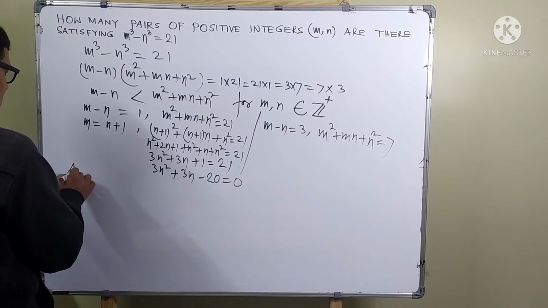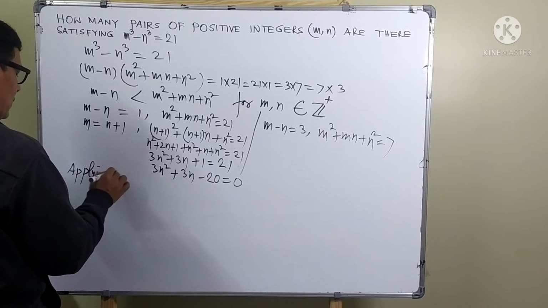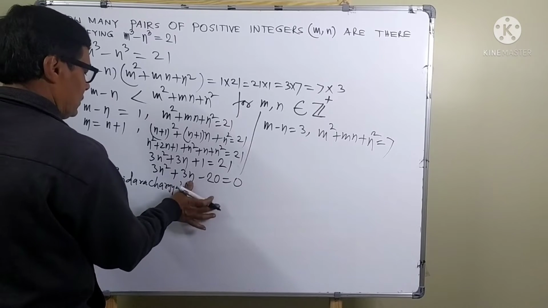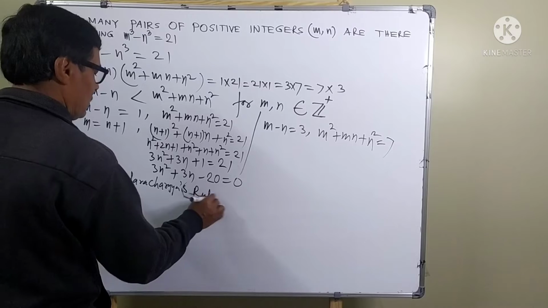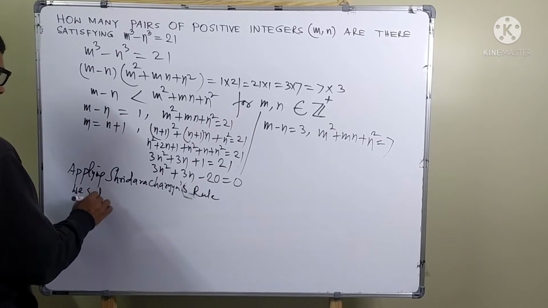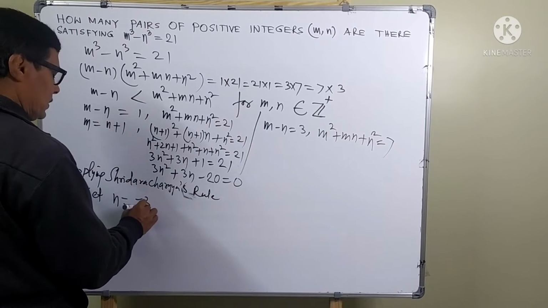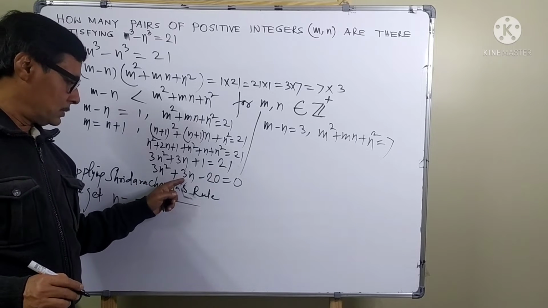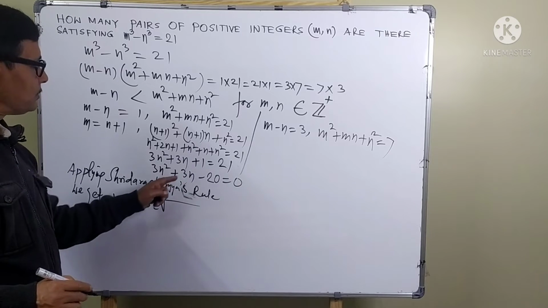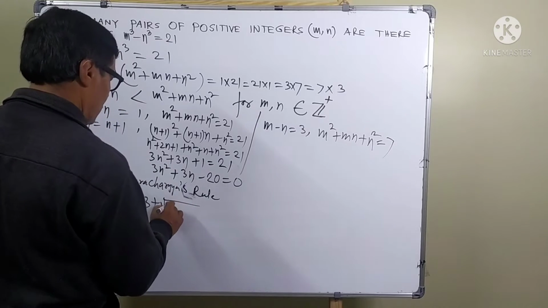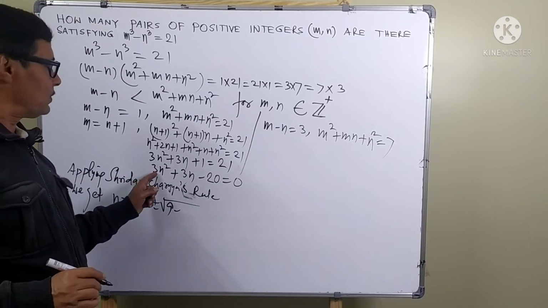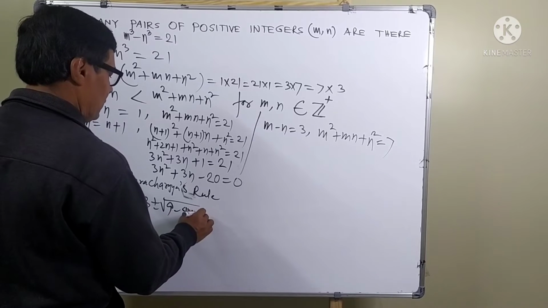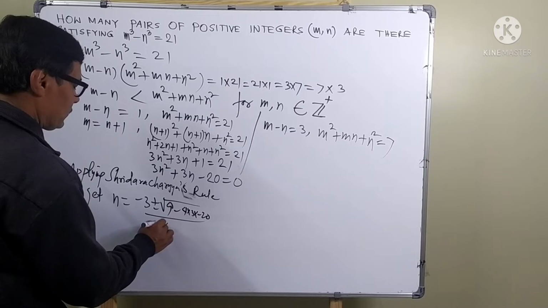So, applying Sridharacharya's rule, we get n is equal to minus b plus minus root over b square minus 4ac, over 2a. Here b is 3, so minus 3 plus minus root over 3 square, that is 9, minus 4 into 3 into minus 20, over 2 into 3.